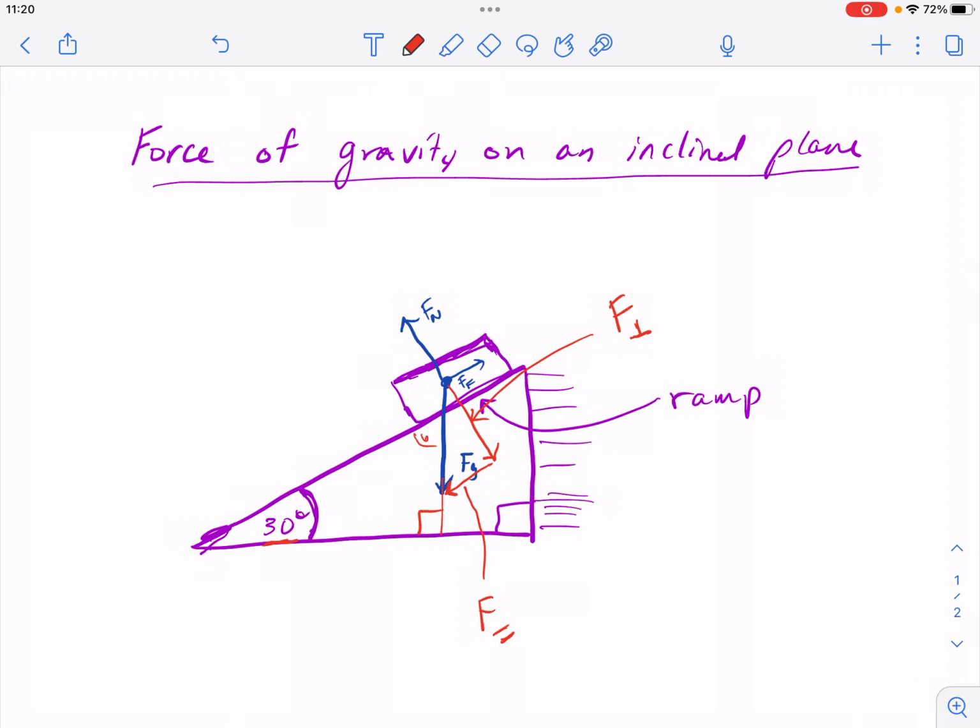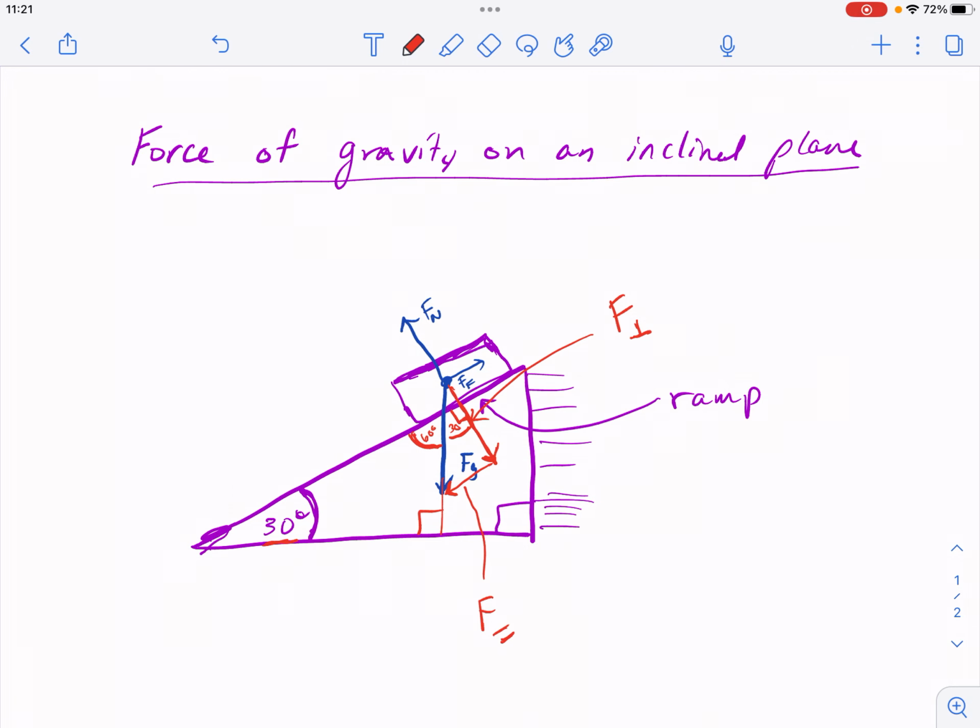This angle here has to be 60 because all the angles in the triangle have to add up to 180. Okay, well, if this angle is 60, and if this red line down here is a right angle, it's perpendicular, right? With the normal force, it's always perpendicular to the surface right there. That's 90. Well, if this is 60 of that, then the angle in here must be 30.